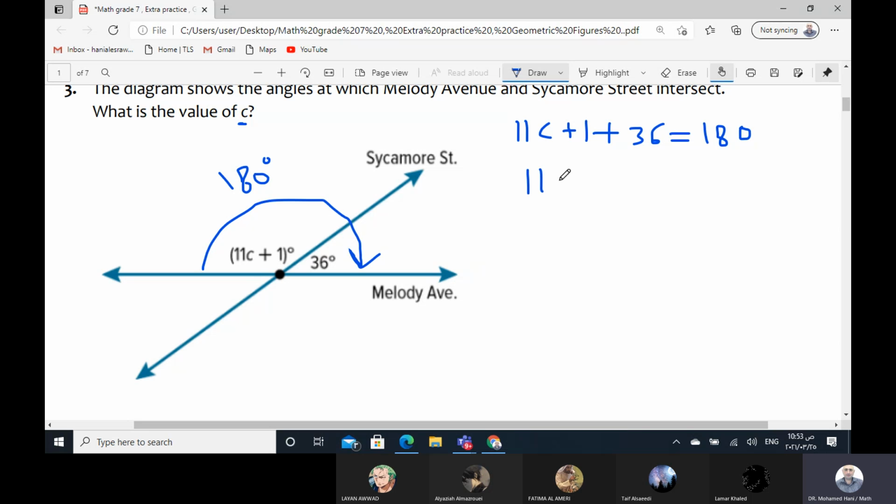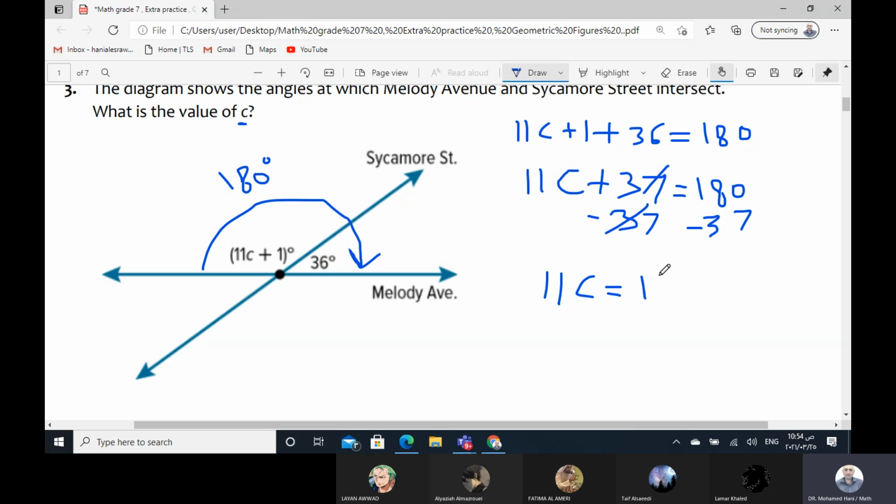So we can write 11C plus 1 plus 36, which will be 37, equal 180. We want to remove 37, so subtract 37 from the two sides. 37 minus 37 will be 0, and remains 11C equal 180 minus 37, which will be 143.